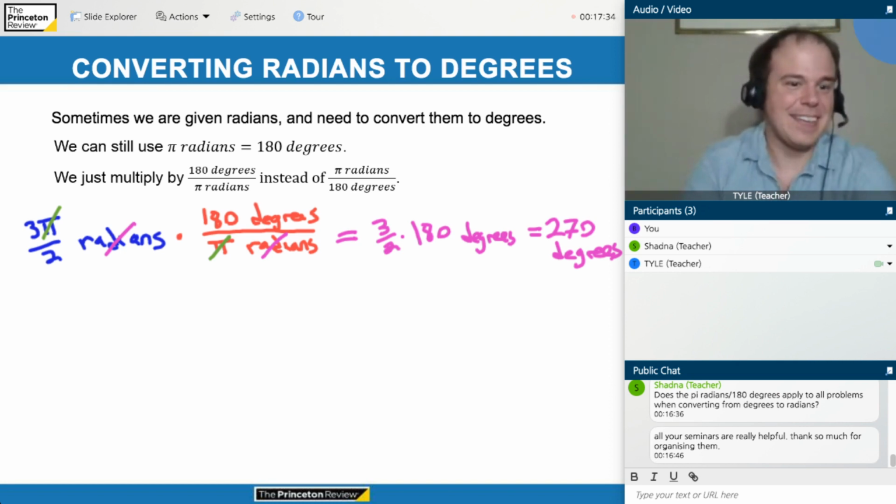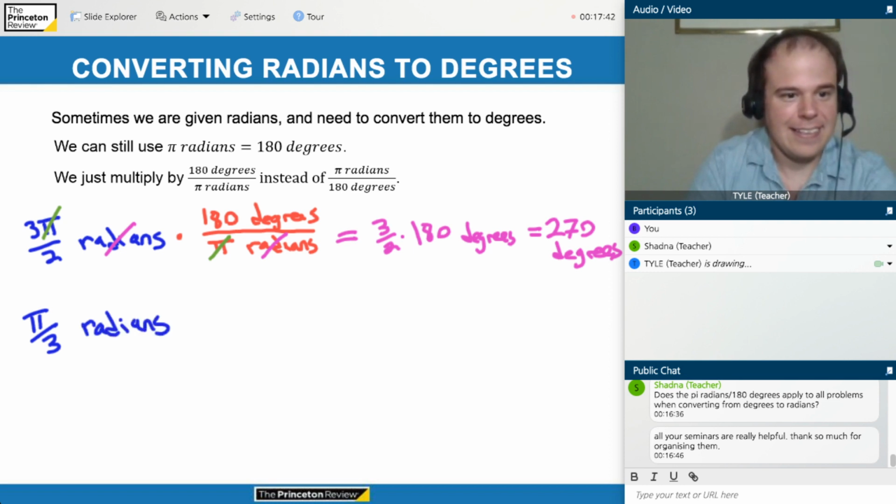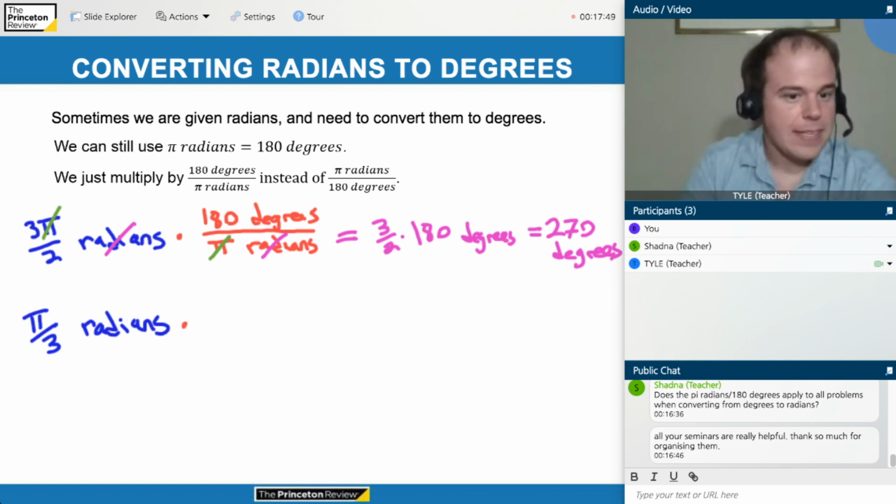All right. Let me do one more. Let's say that we have maybe even two more. Let's say we have pi over 3 radians. So what should I multiply this by to convert to degrees? Same as before, I want the radians to cancel. So I want the degrees on top and radians on the bottom.